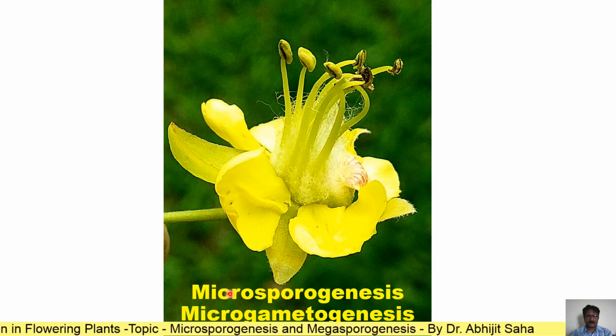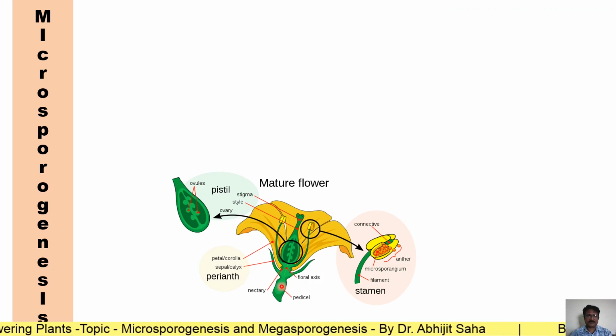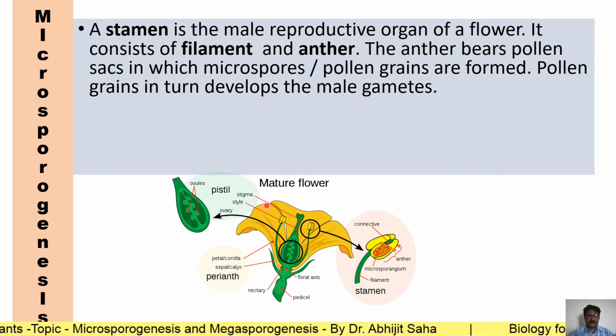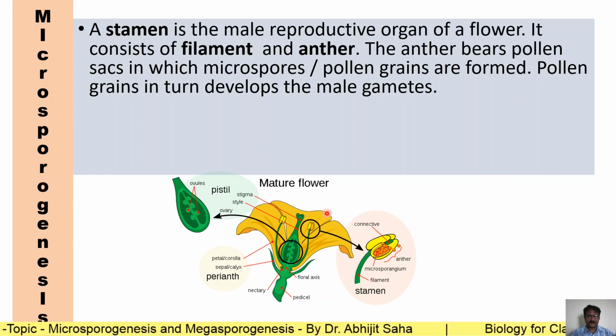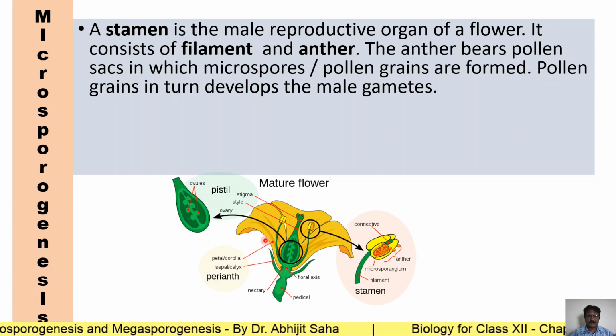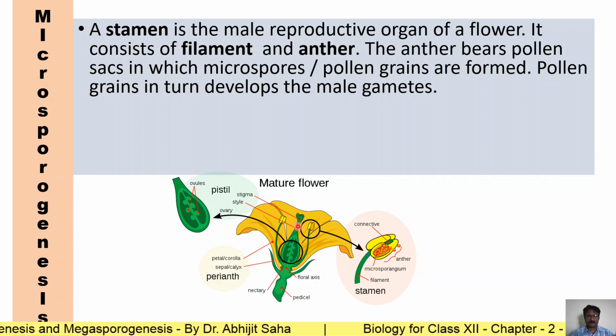We'll start with microsporogenesis and microgametogenesis. Now you see, this is a flower. A typical flower has four whorls: the calyx, corolla, androecium, and gynoecium.